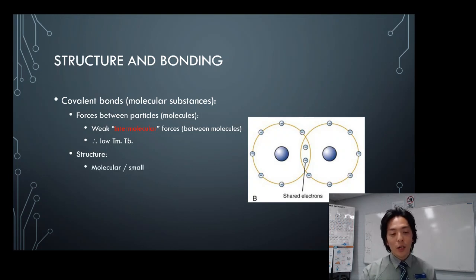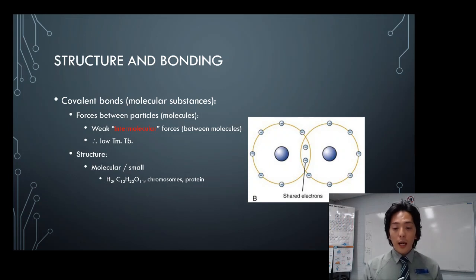Okay. Structure is then going to be molecule and small. Chromosomes, that's one of the biggest, I guess, molecules or part of protein. You can think of that as molecules, but that's still much smaller compared to a grain of salt. Grain of salt would be continuous structure.